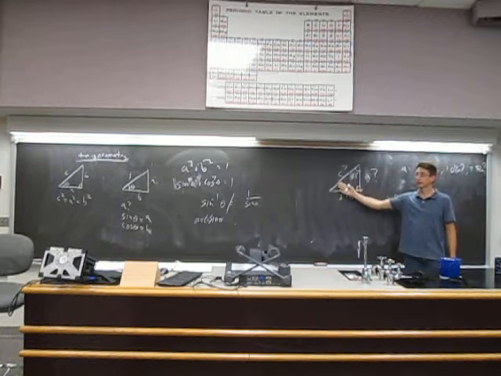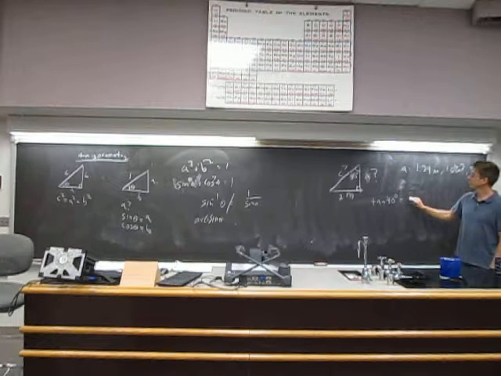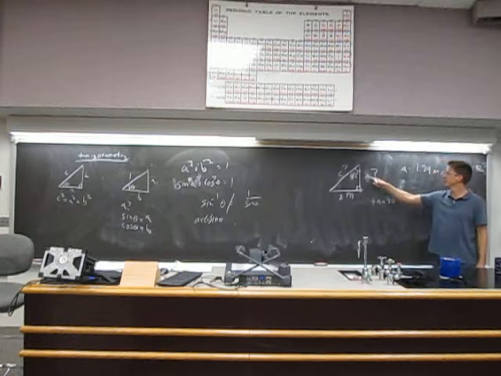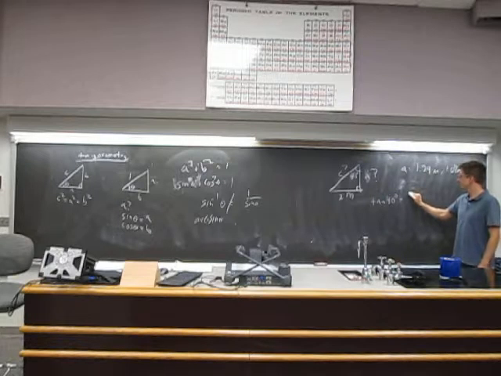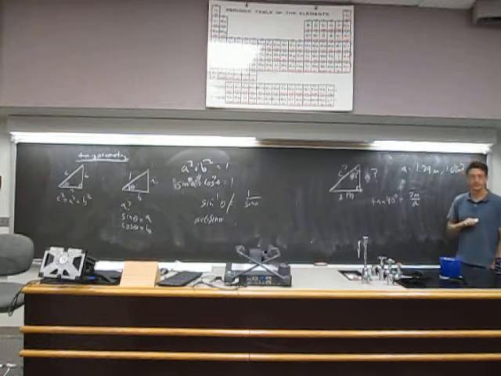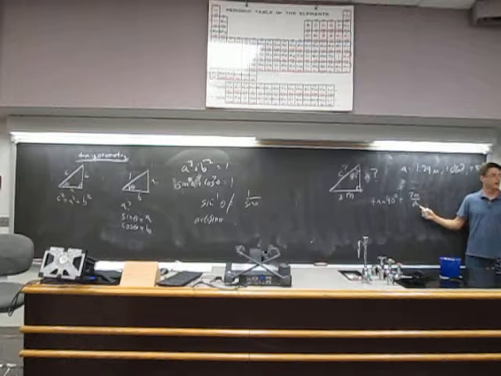You could do many other ways. But I know that the tangent of 40 degrees would be the opposite to that angle, which was the 2 meter side, over the adjacent, which was the A. So 2 meters over A. Now if I want to figure out what A is, I've got to solve for it.